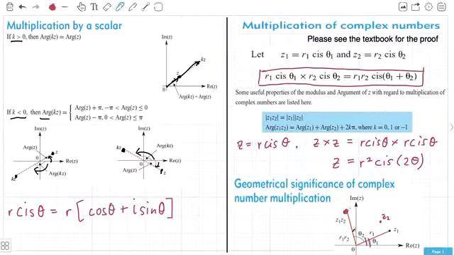The length of that new complex number, this isn't really to scale, would be much bigger than these two because you're multiplying the two lengths together.